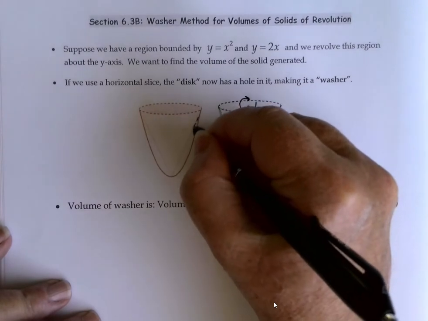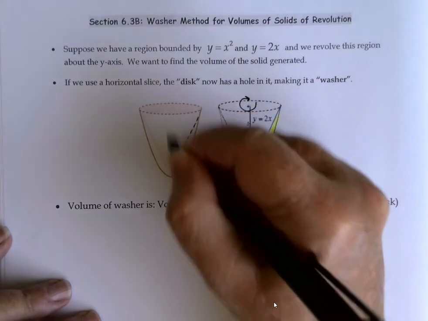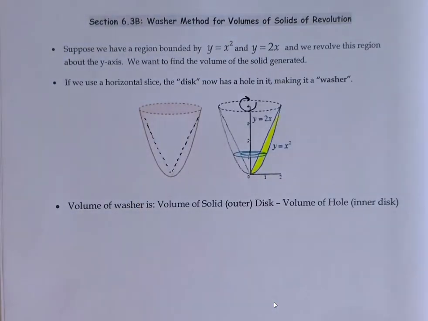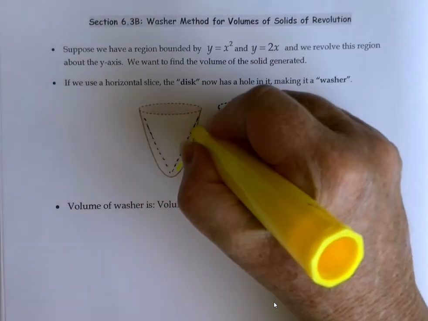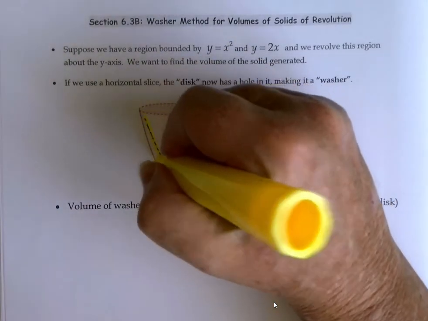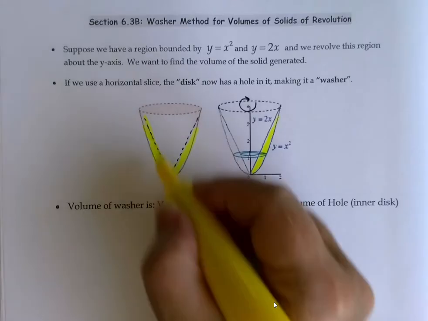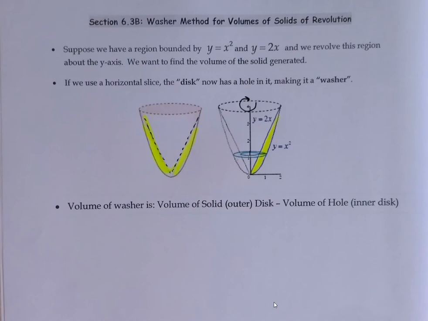Notice that you've got the straight lines here in the middle. So you've got this solid surface going around, but it's hollow in the middle. Right? It's like that shape with that cone cut out of it, if you will. So our goal then is going to be to find the volume of that hollow shape.